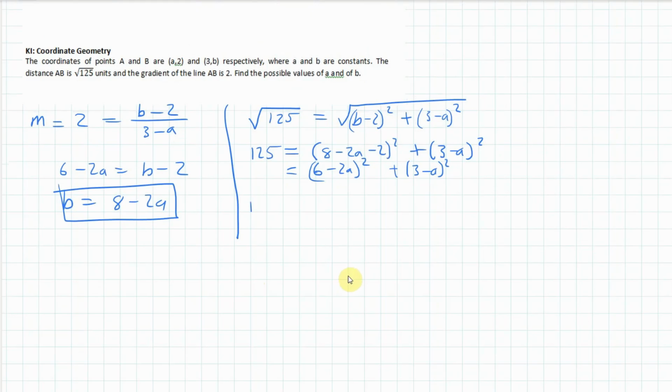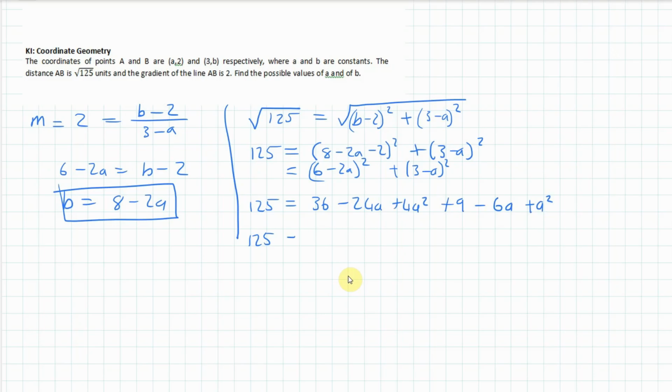Okay, so 125 is equal to, now let's expand that first one. We get 36 minus 24a plus 4a squared. Let's expand the next one, plus 9 minus 6a plus a squared.